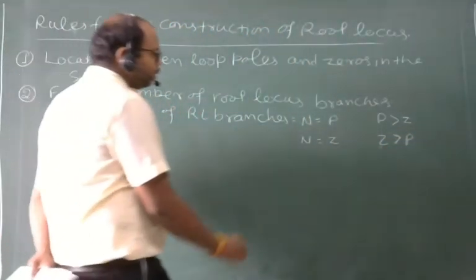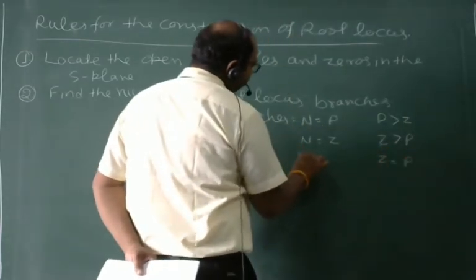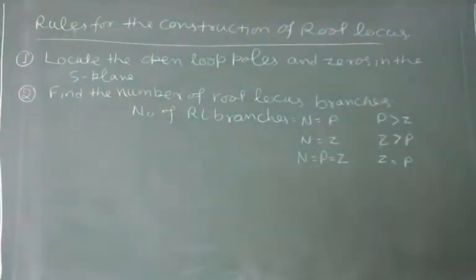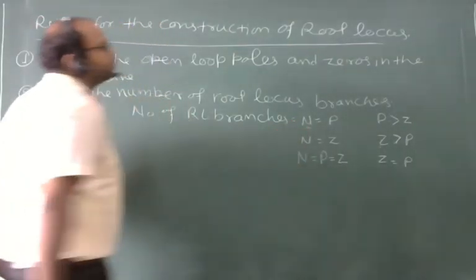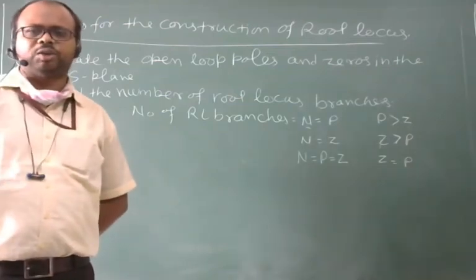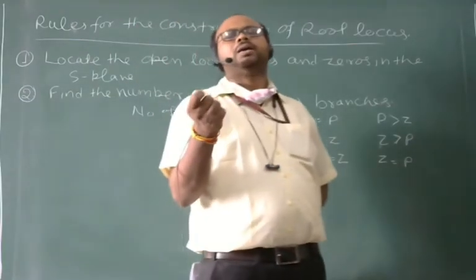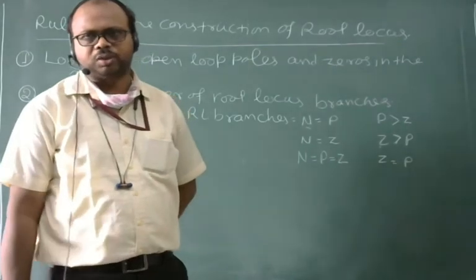And if z is equal to p, then n is equal to p is equal to z. Means the order of the transfer function is the number of root locus branches, right? Order of numerator or denominator, whichever is greater in the transfer function, will be the order of the transfer function, and that will be the number of root locus branches, right?